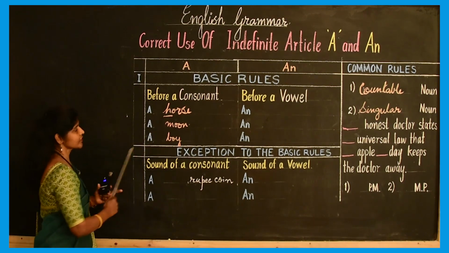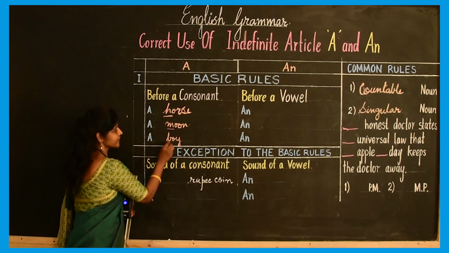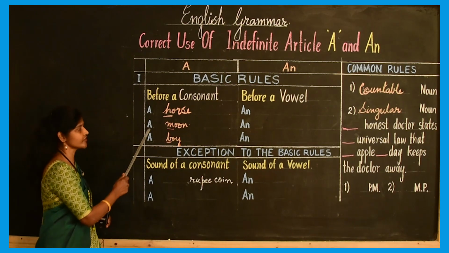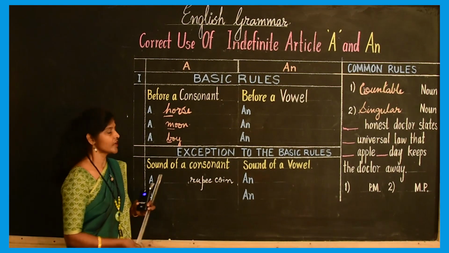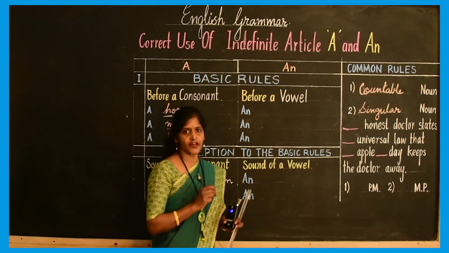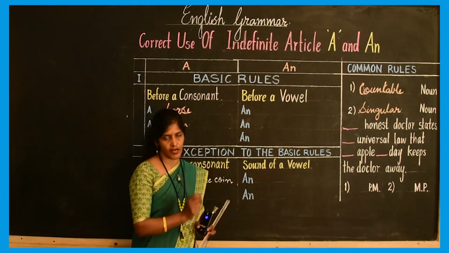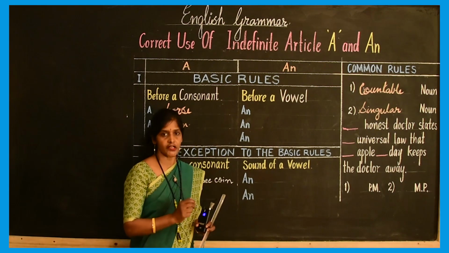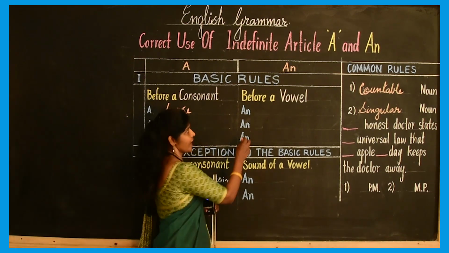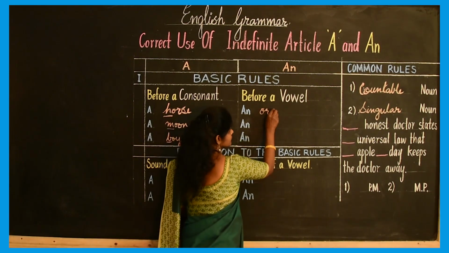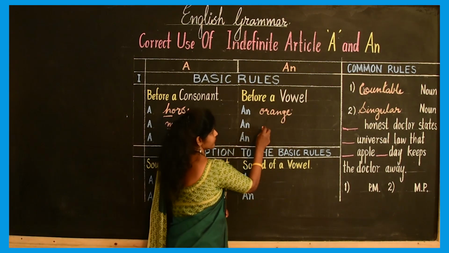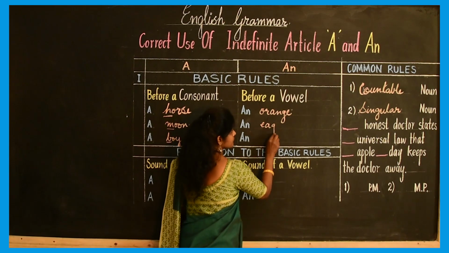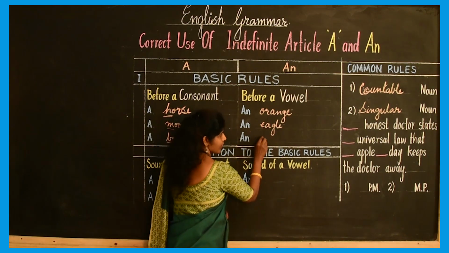In all the three words, we see that the first letter is a consonant and we have used the article a. Switching over to the other side, the rule says if a word begins with a vowel, use the article an. For example, an orange, an eagle, an umbrella.